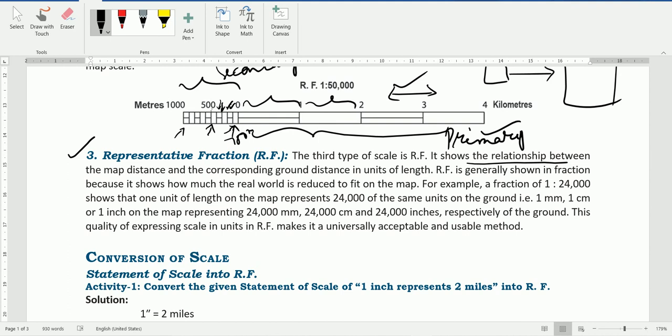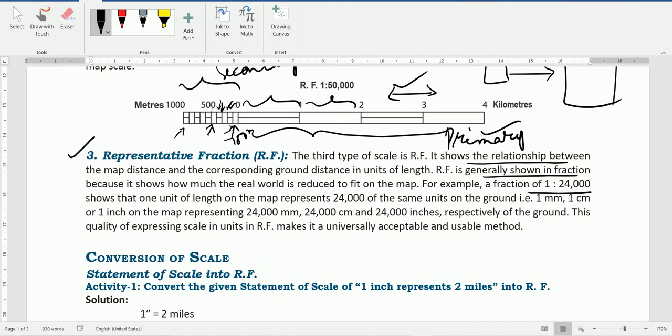RF is generally shown as a fraction because it shows how much the real world is reduced to fit on the map. For example, a fraction of 1 is to 24,000 shows that 1 unit of length on the map represents 24,000 of the same unit on the ground.